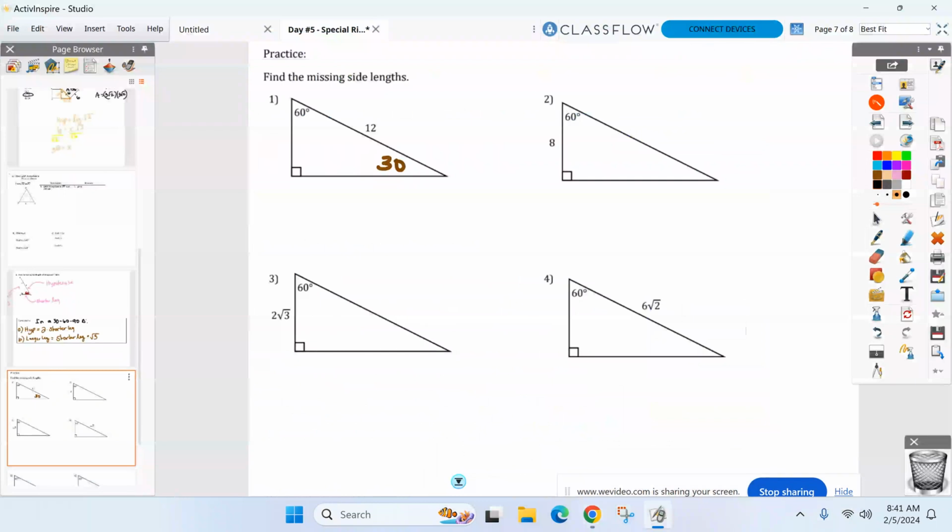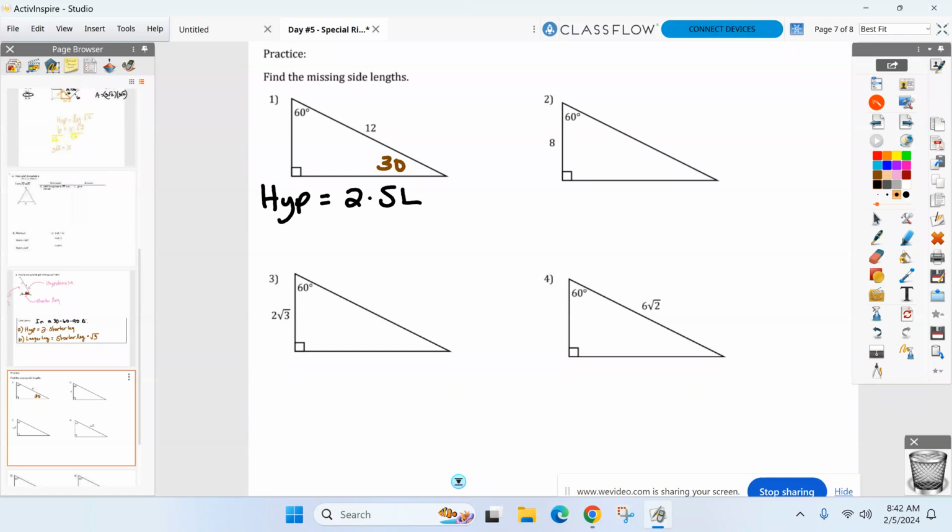Hypotenuse. So I want you to do exactly what we did on Friday. I'm given the hypotenuse. Let's write the hypotenuse rule for a 30, 60, 90. The hypotenuse is equal to, now remember, this is a 30, 60, 90, not a 45, 45. Hypotenuse equals 2 times SL, shorter leg.